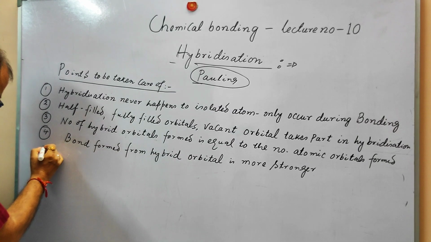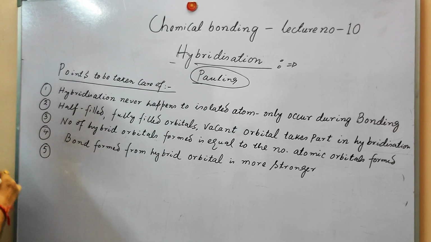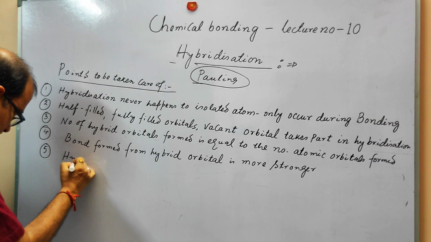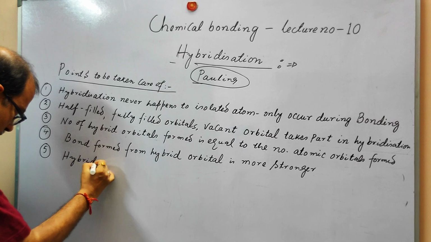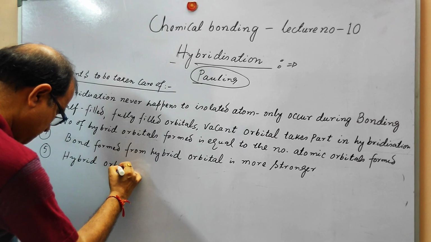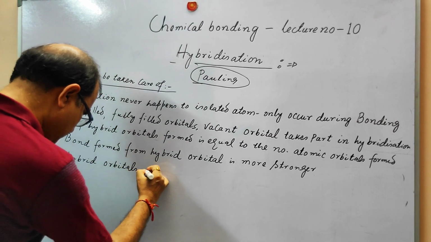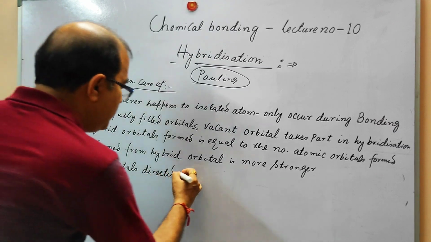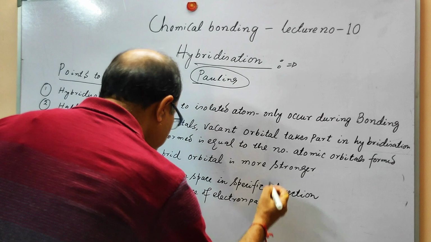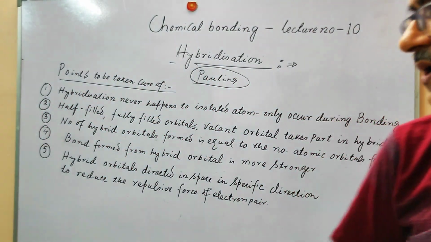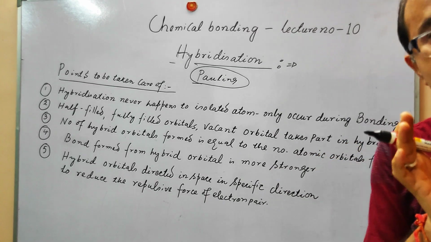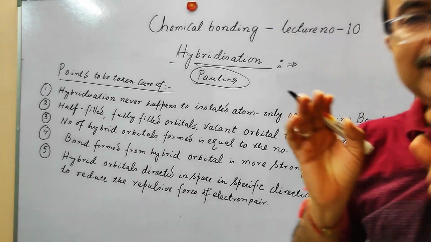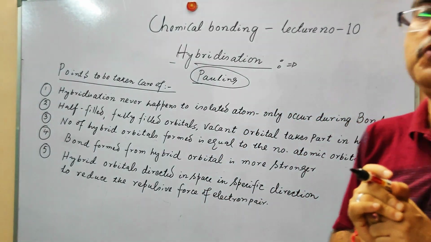And the fifth point, which is very important: hybrid orbitals are directed in space in a preferential direction, in a preferential way, so that there is minimum repulsive force between them.